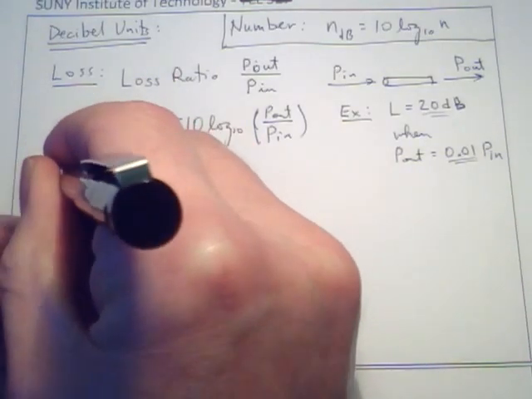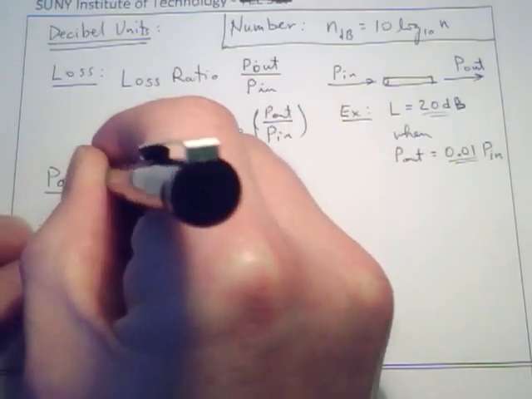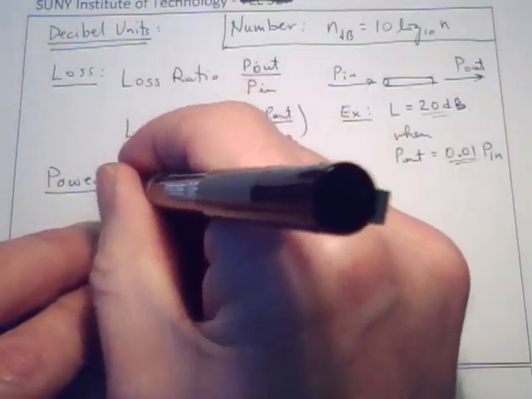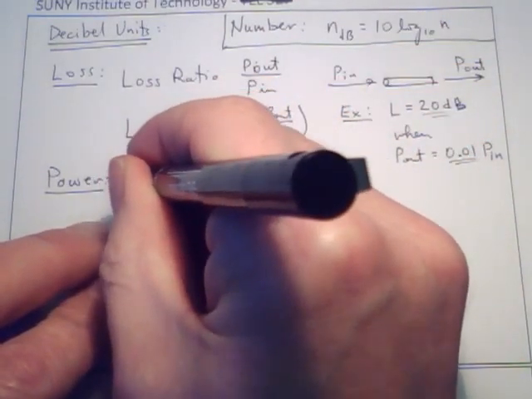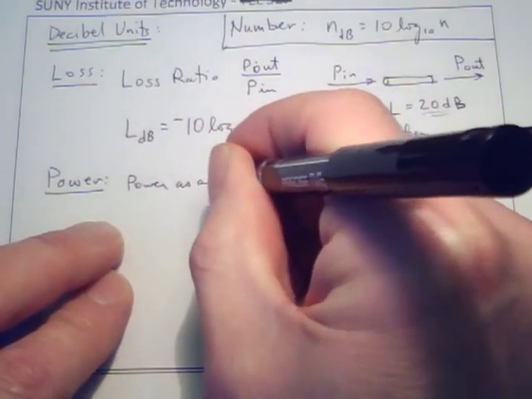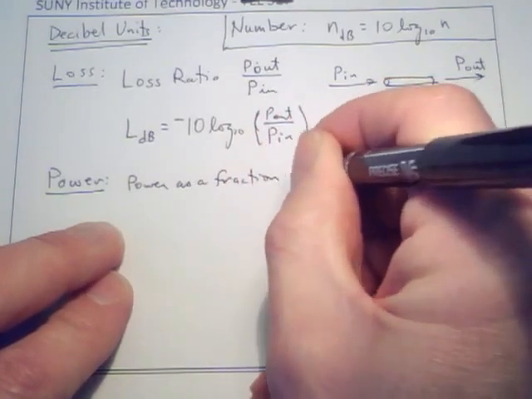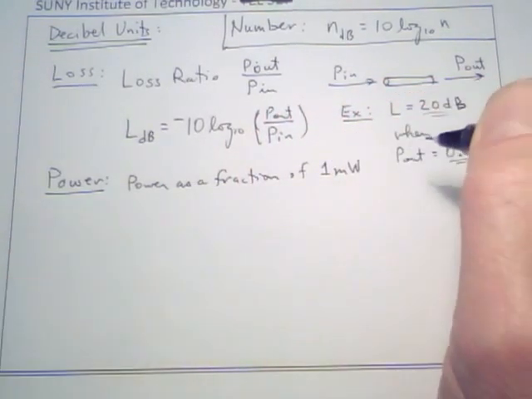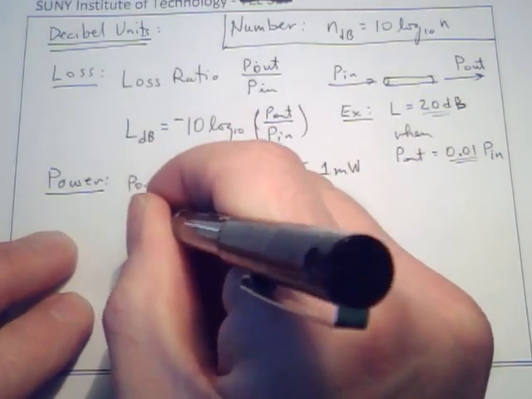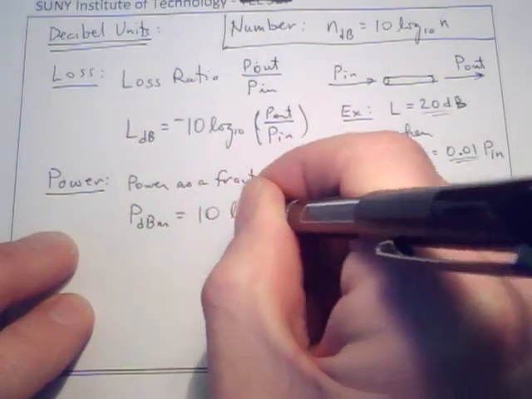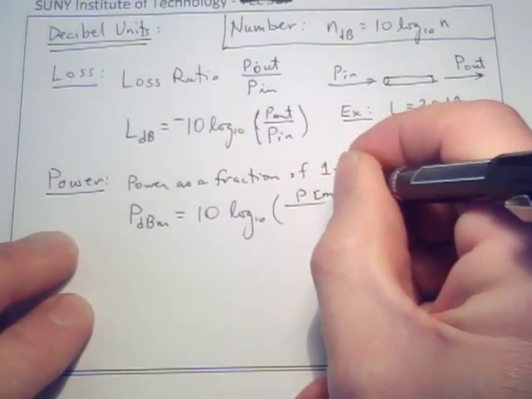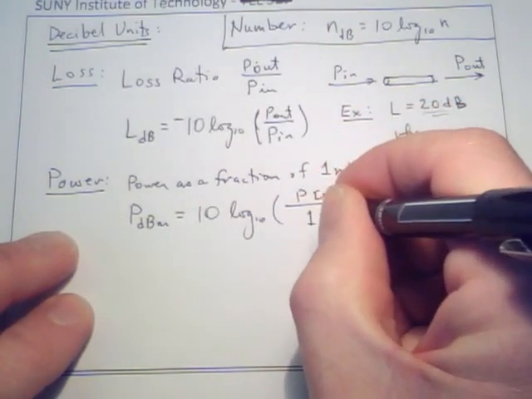The second case is power. In this case, the number that we're converting into decibel units is the power as a fraction of 1 milliwatt. So the power in dBm is 10 log 10 of the power in milliwatts divided by 1 milliwatt.